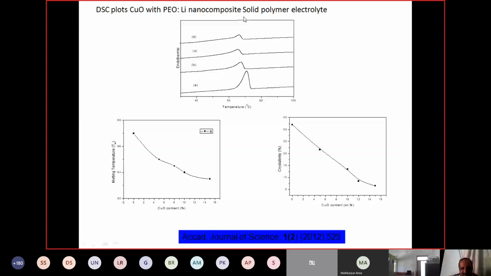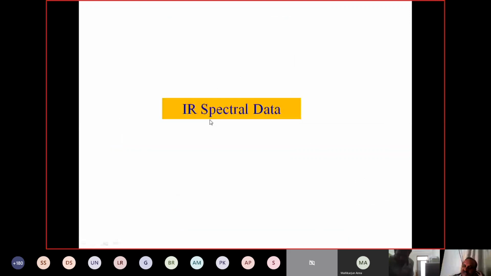But this FTIR, that means infrared spectroscopy patterns, gives how the internal structure is changed. That means how the coordination is taking place, that means which vibrational band positions are affecting the polymer. These two are lithium salt and also Fe3O4. You see here, we see CH stretching around 2900.